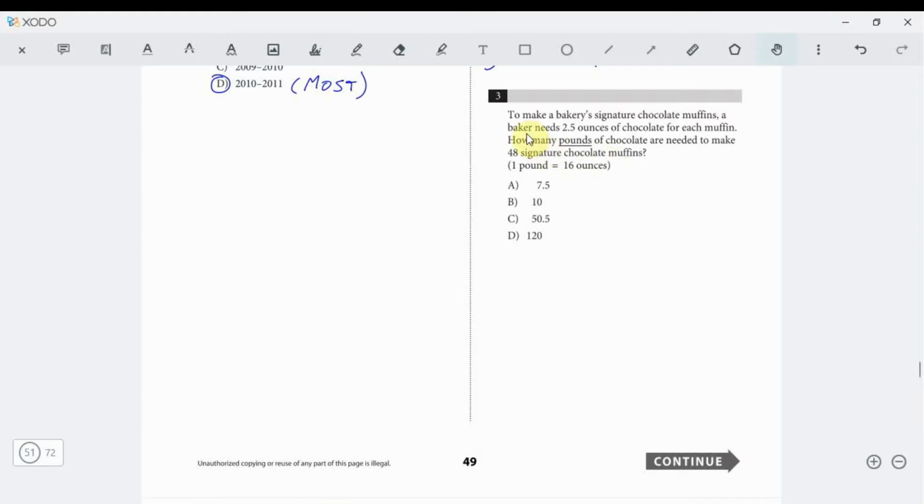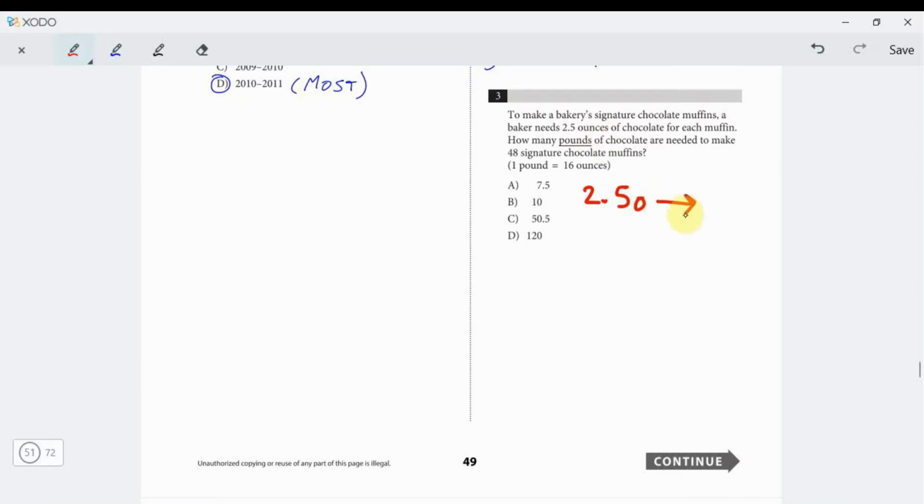So question 3 now, it says to make a bakery signature chocolate muffin, a baker needs 2.5 ounces of chocolate for each muffin. How many pounds of chocolate are needed to make 48? So 2.5 is what they say. I'll use O to represent ounce. 2.5 ounce is used to make one muffin.